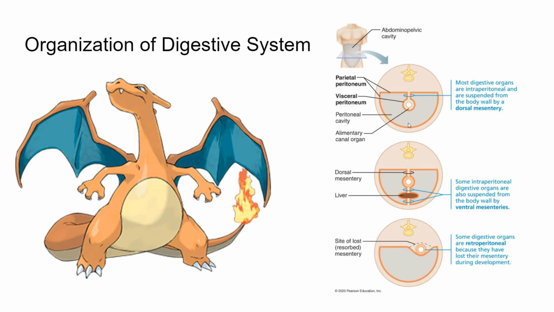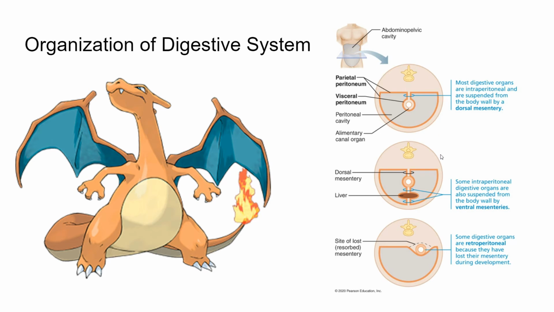And you have the visceral peritoneum and the parietal peritoneum. The visceral peritoneum is right up against the organs, and the parietal peritoneum is right up against the body wall. And between those two, you have the peritoneal cavity, which is a fluid-filled cavity that lubricates those organs.